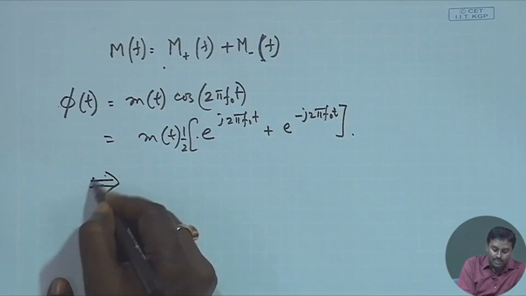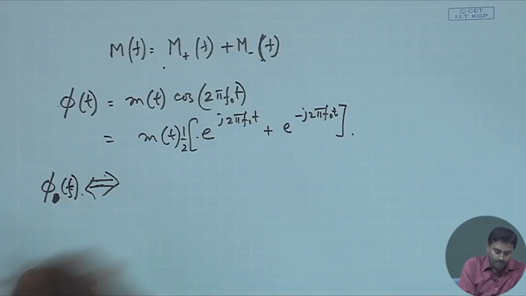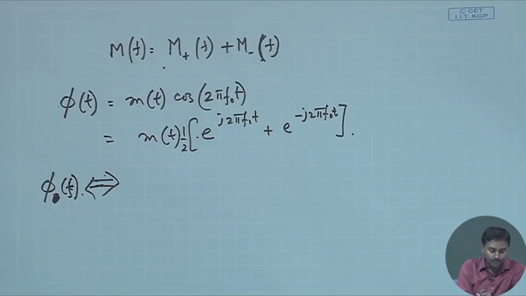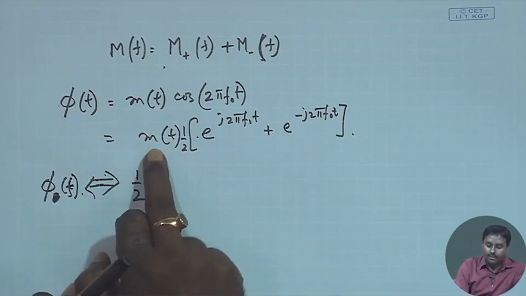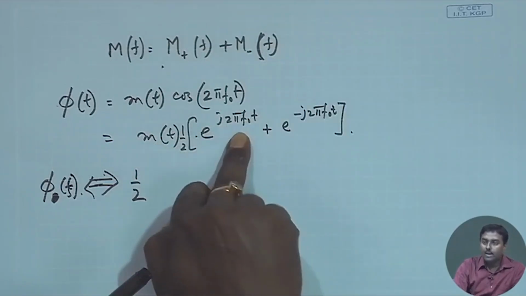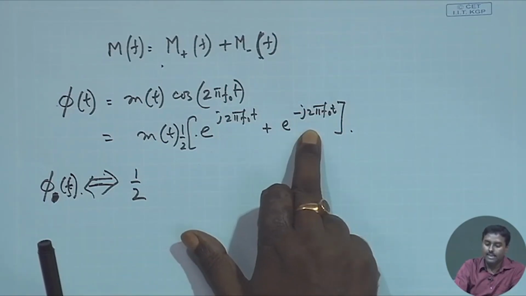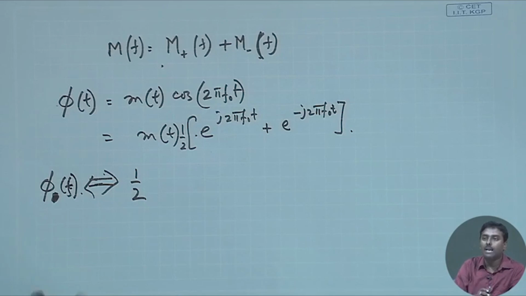Now, if I just do a Fourier transform, which is phi(f), right. So, if I just take a Fourier transform of this, that should be half, it is a Fourier transform of m(t) multiplied by this. M(t) multiplied by this gives a frequency translation, right. E to the power plus j will give a frequency translation of f minus f0, and minus j 2 pi f0 will produce f plus f0, right.